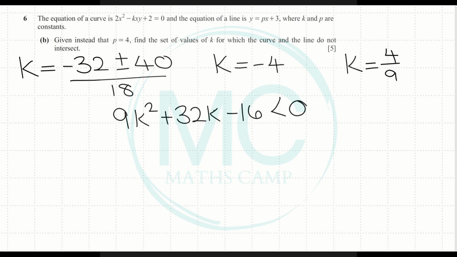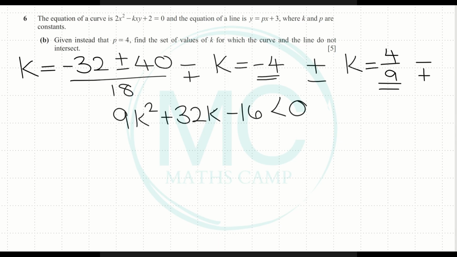And remember that when you are working with a quadratic, our critical values make the equation 0. If the values between these two make our equation positive, the outside values will make the equation negative, and vice versa. So a good thing to do is to test a value, in this case between negative 4 and 4 over 9. Use the simplest value, which in this case is 0.